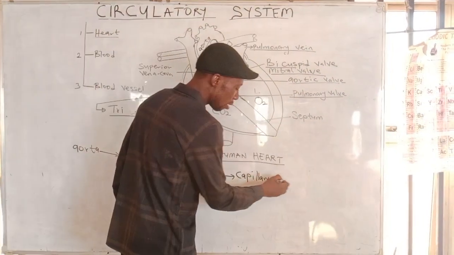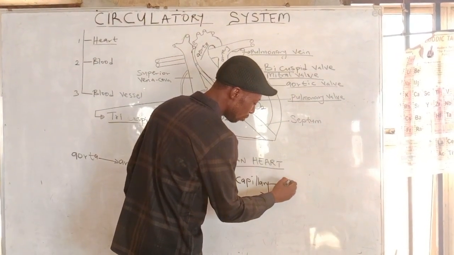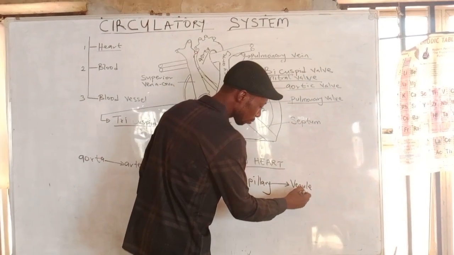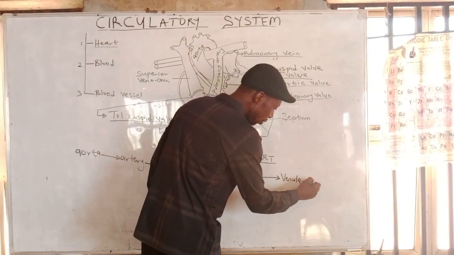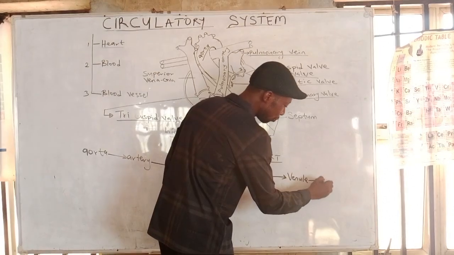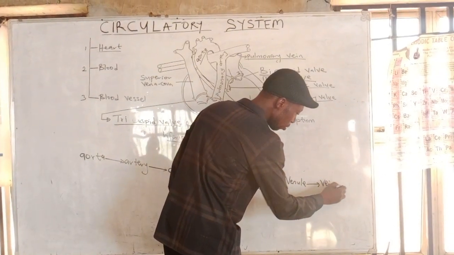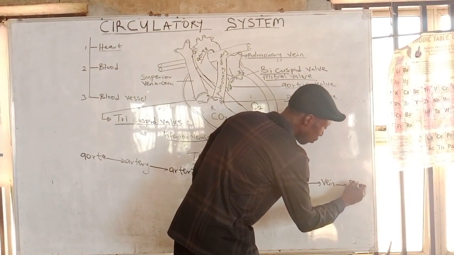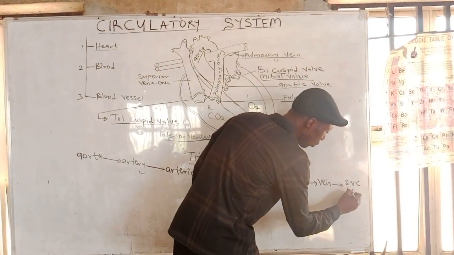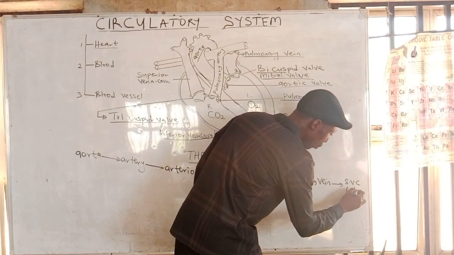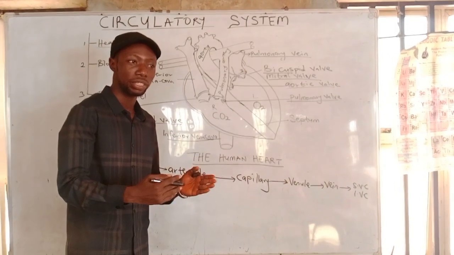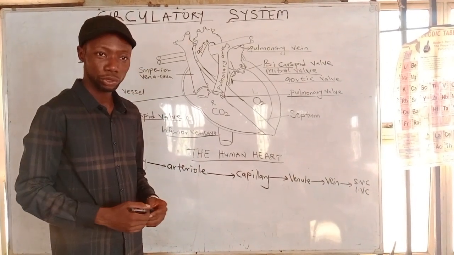From the capillary, it goes down to the venule. Then from the venule, it goes to vein. From the vein, it goes to either the superior vena cava or inferior vena cava, depending on the route, maybe the part of the body where the blood returns to the heart.